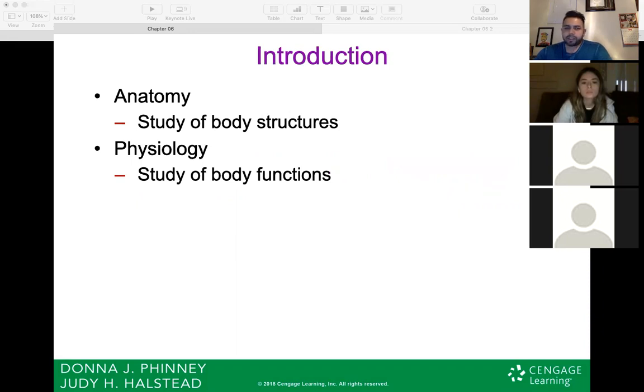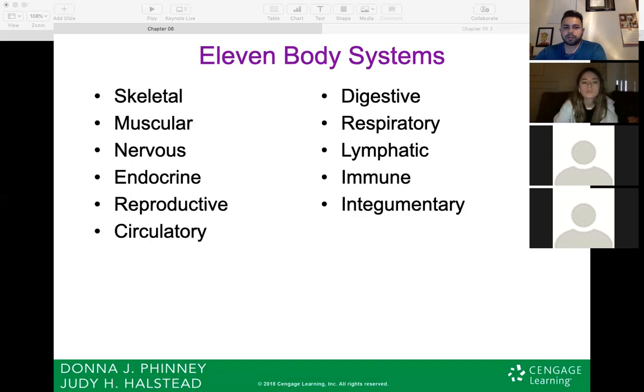So the body is divided into systems, planes, and cavities, basic units that give common references and terms for studying and communicating information about the human body. Anatomy is the study of the structures of the body, and physiology is the study of the body's functions. The human body is made up of body systems.